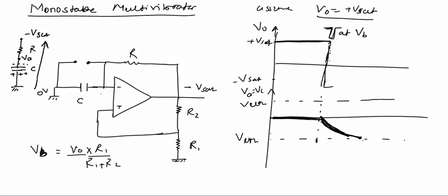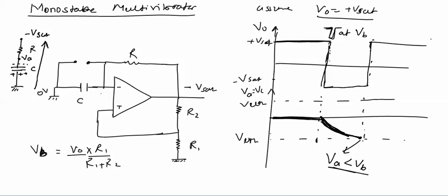When the capacitor voltage crosses this point, meaning VUTH, here VA becomes less than VB, that is VUTH, and at this point the output again goes to plus Vsat.